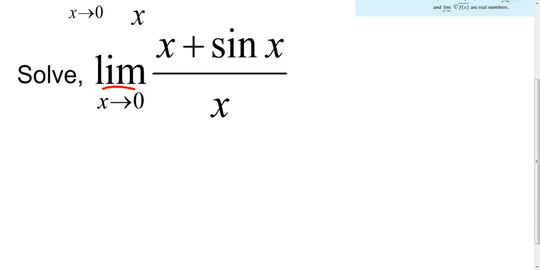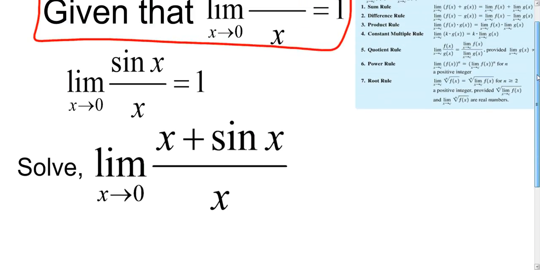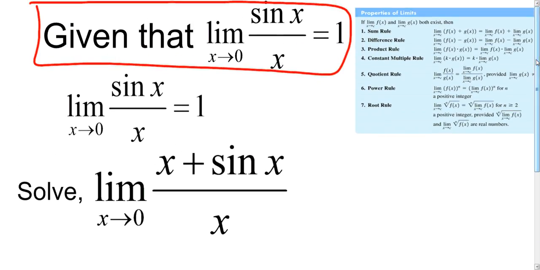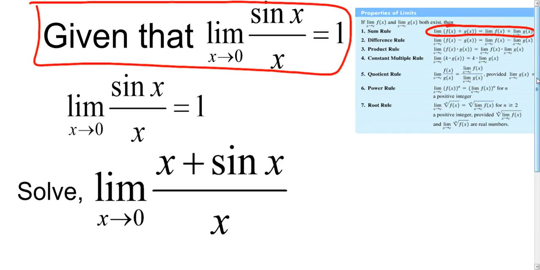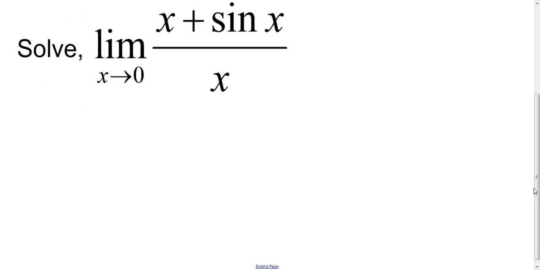I want you to notice that I can't plug 0 in from the beginning. If I plug 0 in, I'll have 0 in the denominator. So I need to use my limit rules and my addition and subtraction and quotient and all kinds of rules, okay? What I want you to notice is that you're basically going to use this rule right here, that the limit of two things added together is the limit of each of them separately.